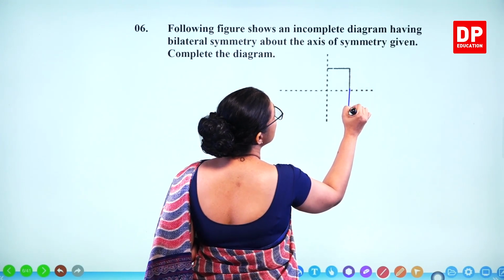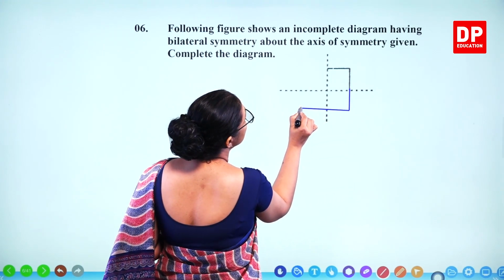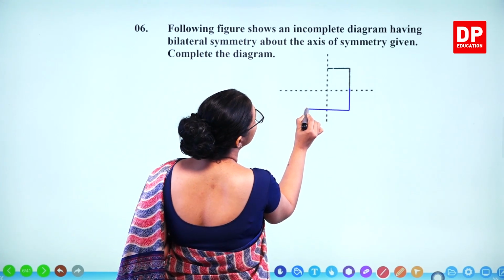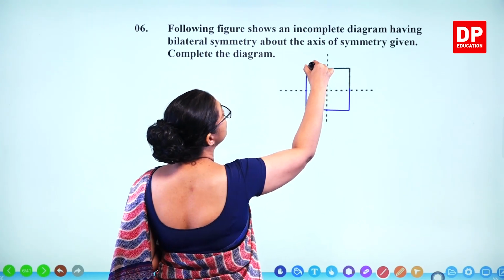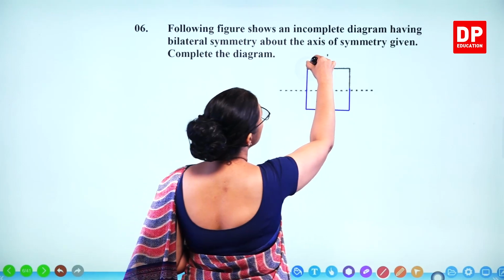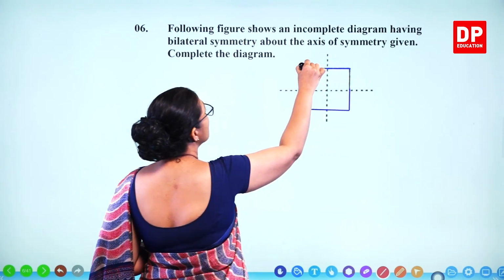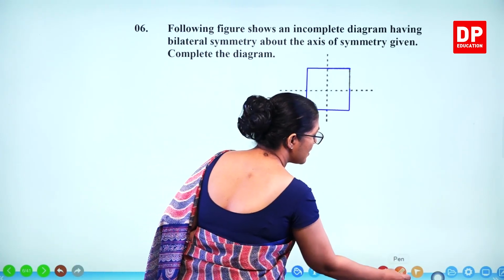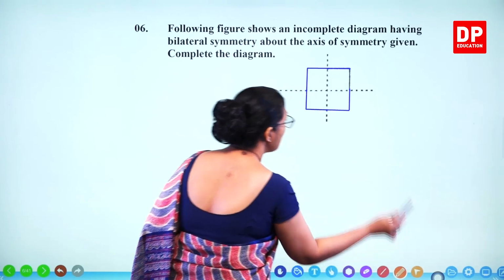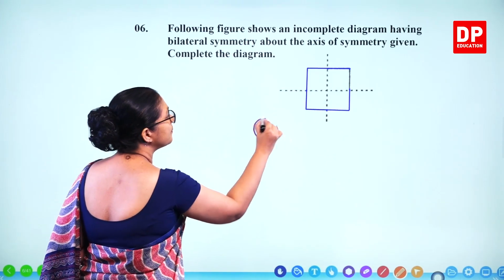So I can complete this diagram like this, this way, and up to this point. So that's the full diagram. You have to think about both axes of symmetry. 2 marks.